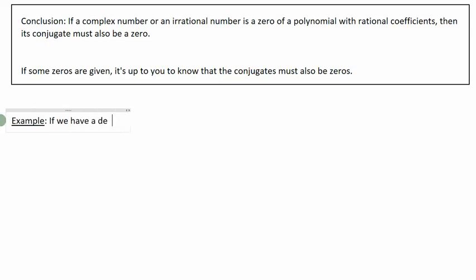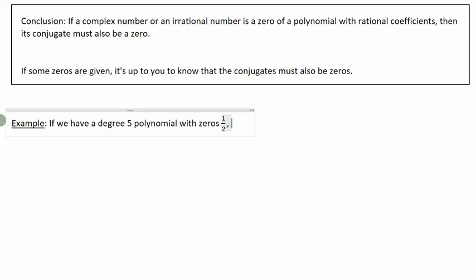If we have a degree 5 polynomial with zeros, let's say, 1/2, square root of 3, and 2 minus i times the square root of 5. Okay? If we have a degree 5 polynomial with these zeros, then what are the other zeros?